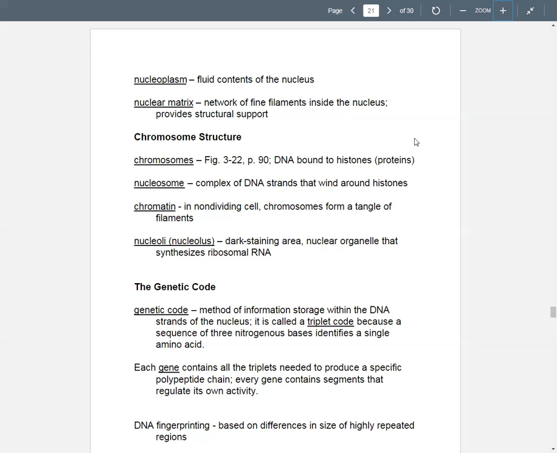All right, so when your cell's getting ready to divide, your cell starts forming nucleosomes and chromosomes. So your nucleosome is basically a complex of DNA strands that start winding around these proteins called histones. Okay, and then eventually you start getting enough of those, you get chromosomes.